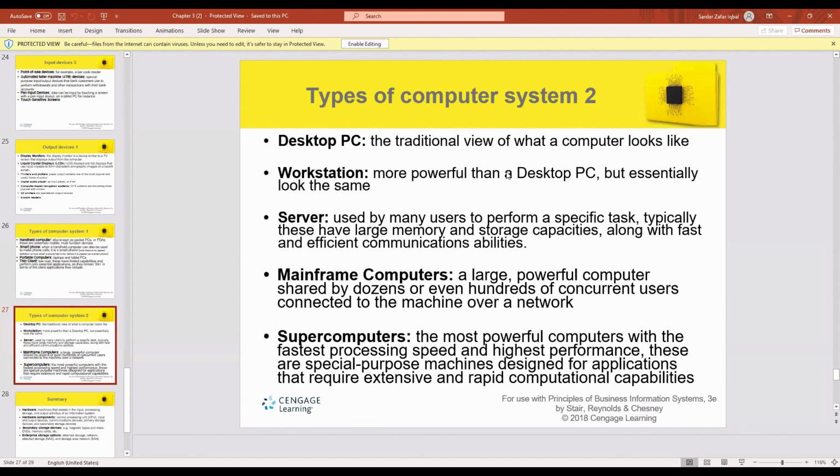These computers are very fast. Why? Because their processing architecture is very different and very fast. In one machine cycle, they can perform maybe 100,000 instructions. Did you get this point? Yes.